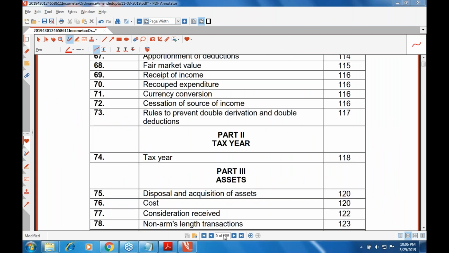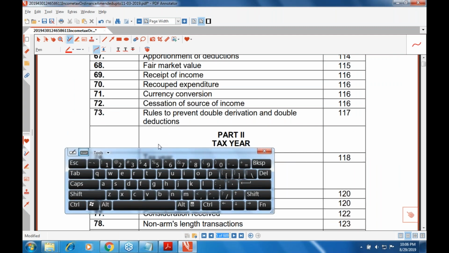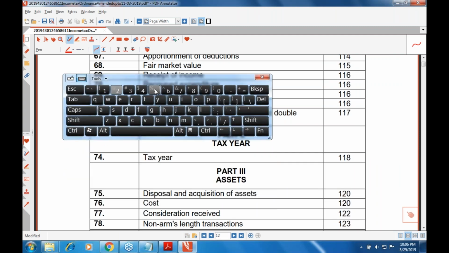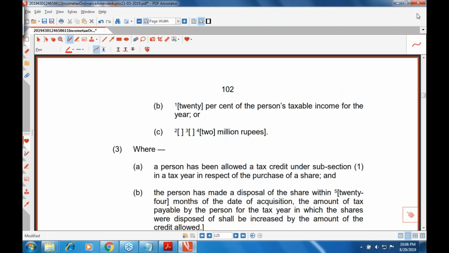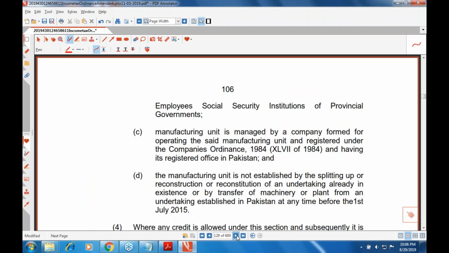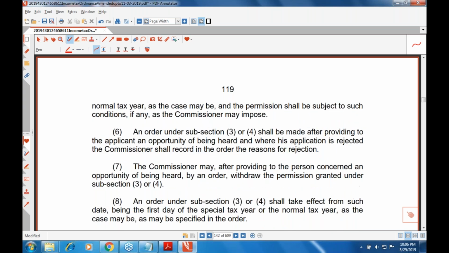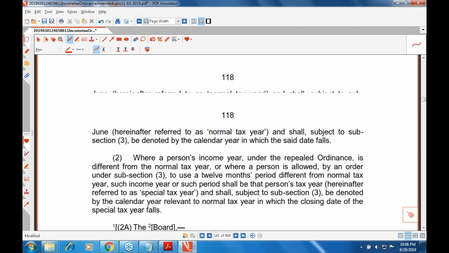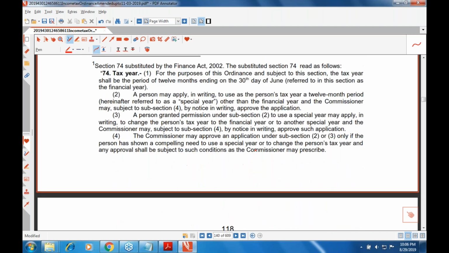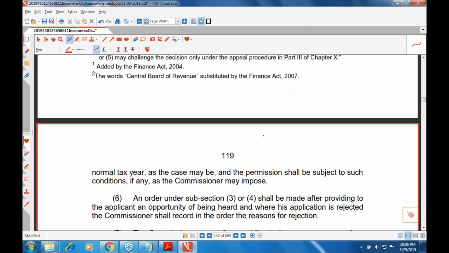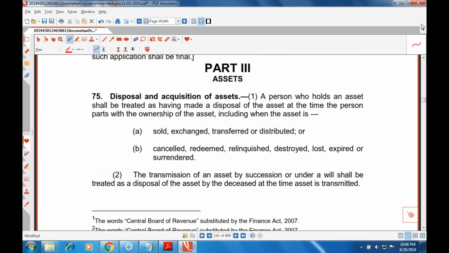The concept of disposal is actually mentioned in section 75. Now, what exactly do you mean by disposal?